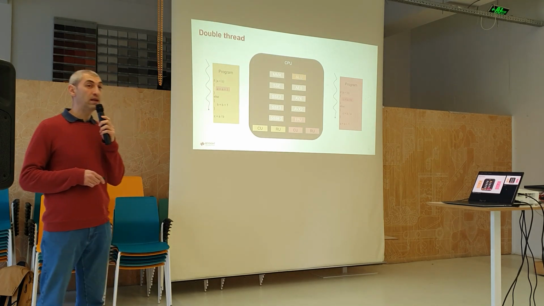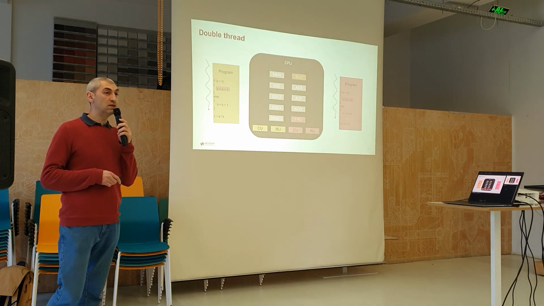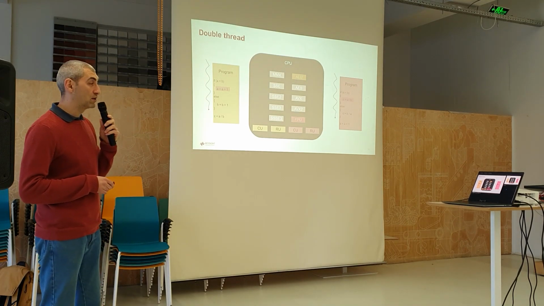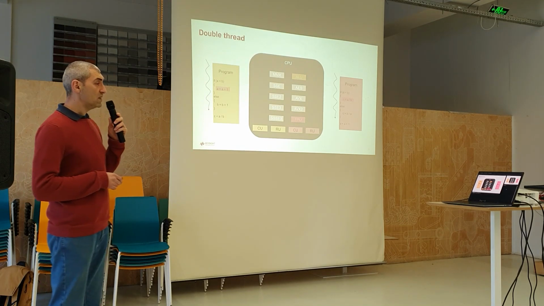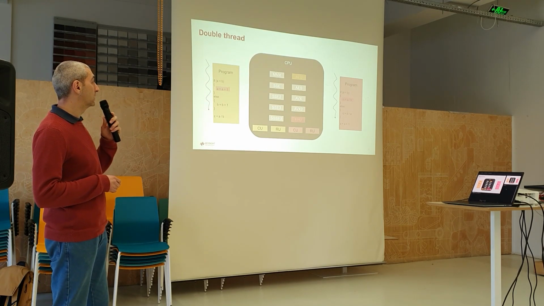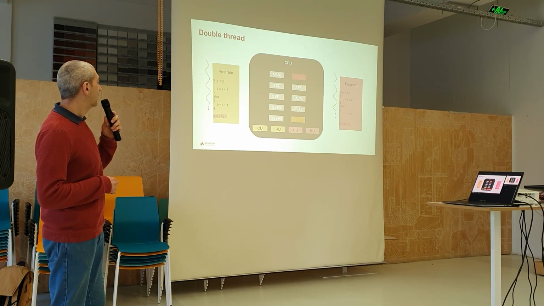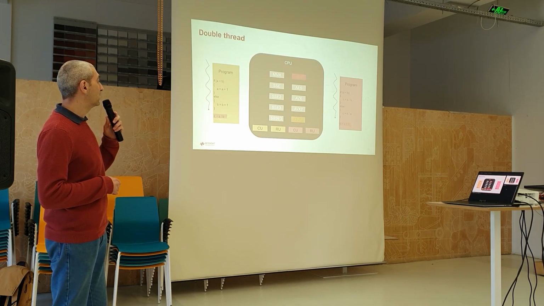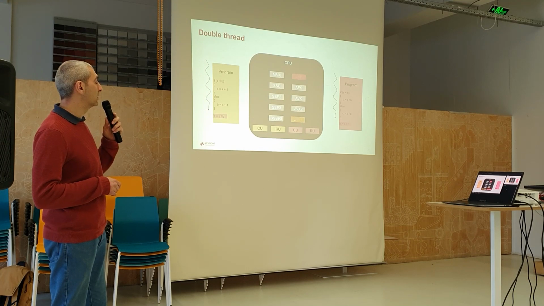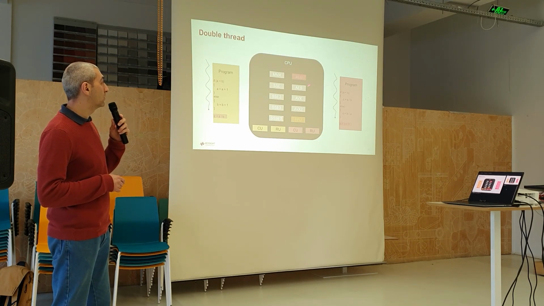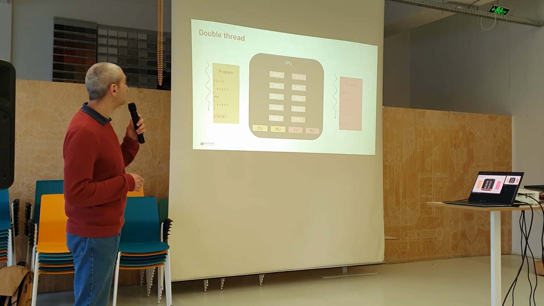So at this point we already use two units, which is a big improvement compared to the previous non-hyperthreading processors, which had to serialize the access. Next, the first program does the division and uses the floating point unit, whereas the second program does an addition and uses the ALU.